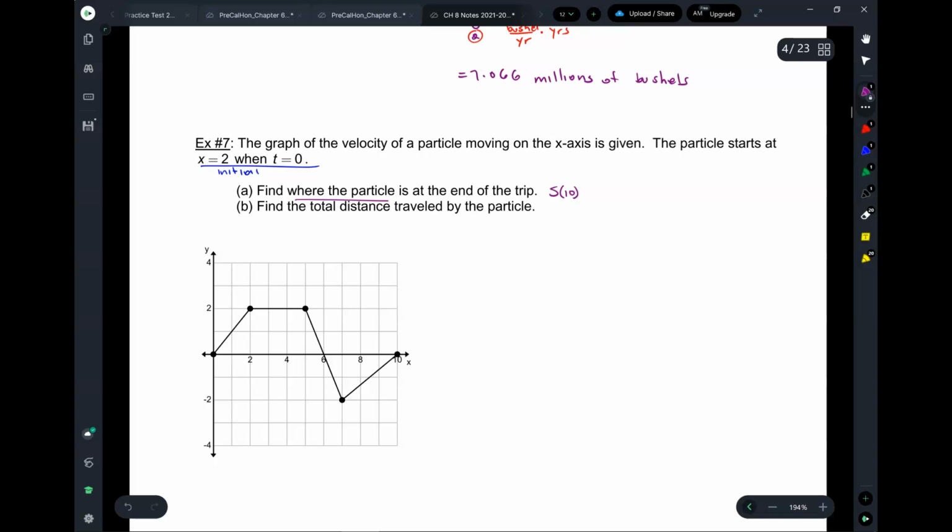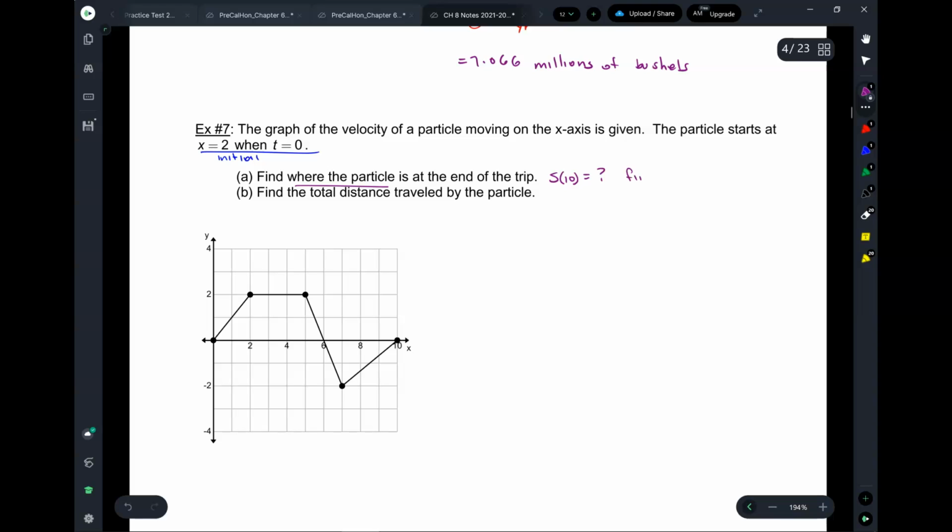So S of 10 is what we need to find. Since this is final position, we learned last time that final position, which is S of 10, is equal to initial position plus displacement every single time.